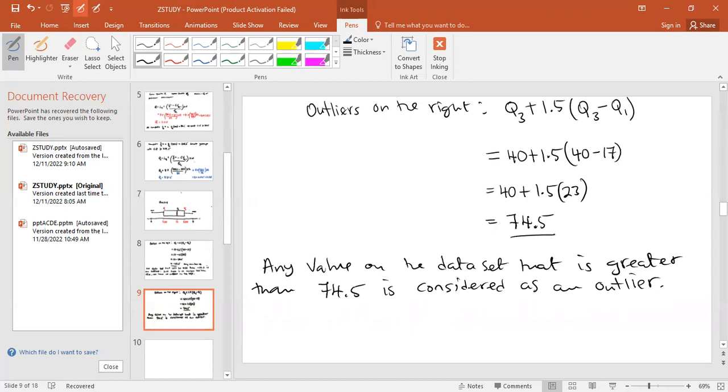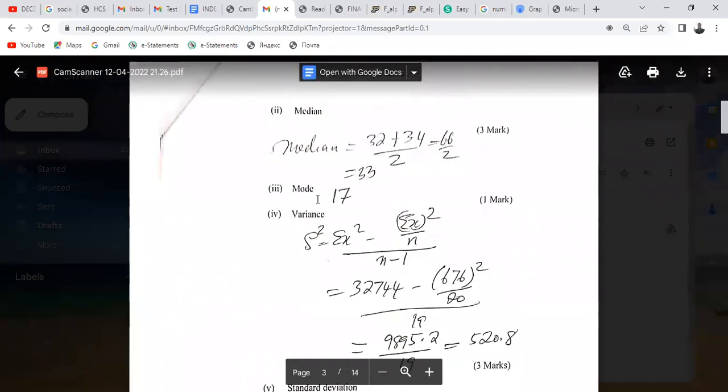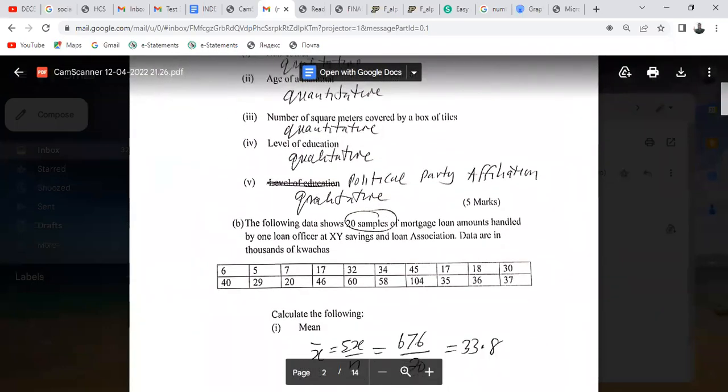We'll go and check our data set. 74.5 is the value they had put here. Go to the table and check if there is a number greater than 74.5. We can clearly see that 104 is the only figure that is bigger than 74.5. No other number is greater than 74.5, but 104 alone.